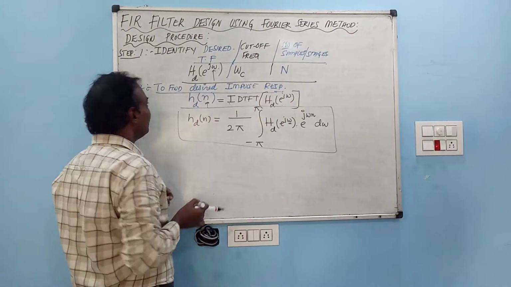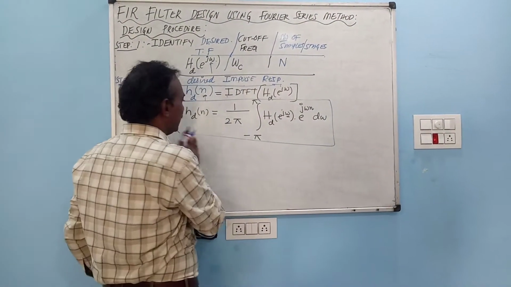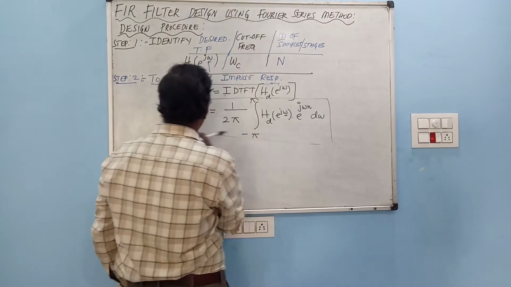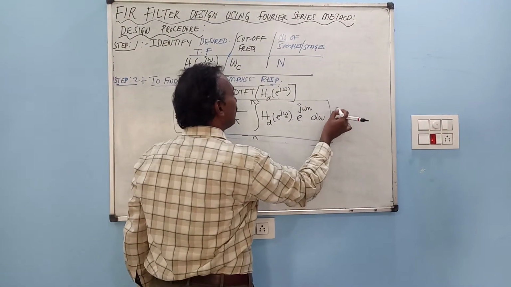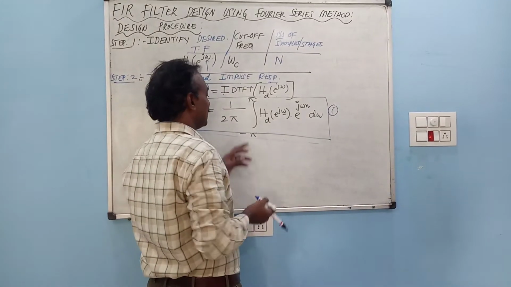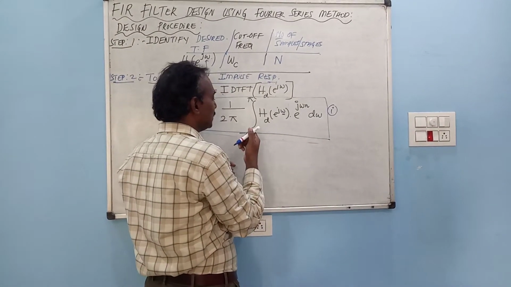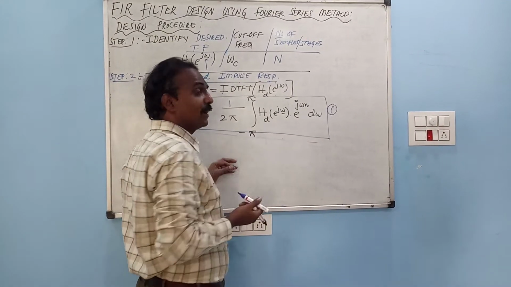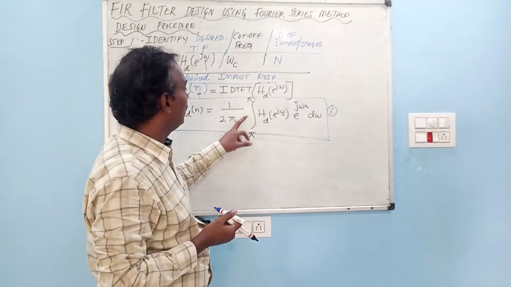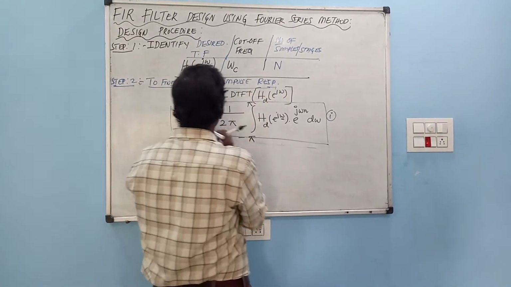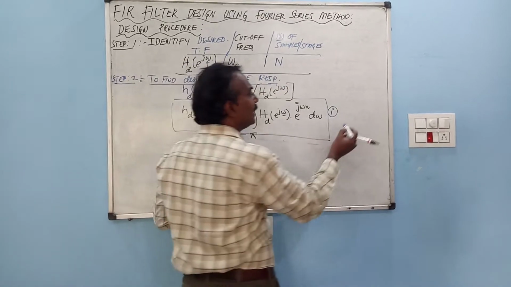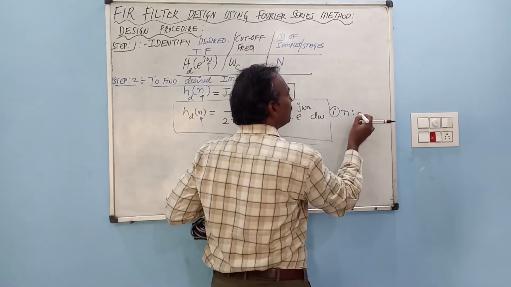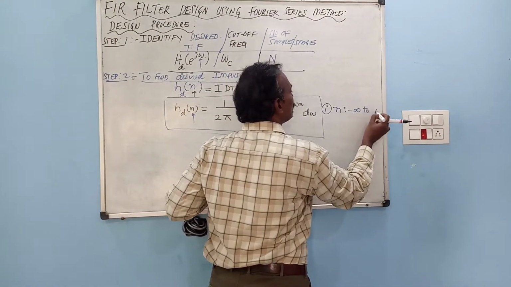Now, in the second step, we need to identify 2 points. So point 1 to be noted. Now we understand that this impulse response, which is in time domain, n range is from minus infinite to plus infinite.